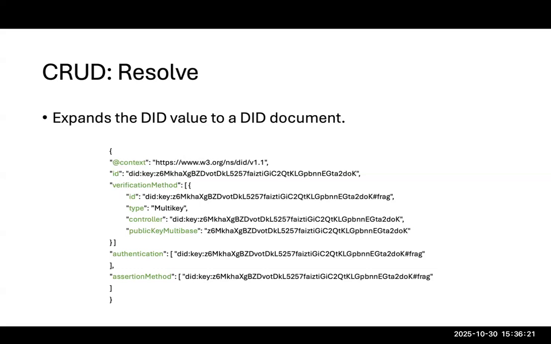This is, of course, a multikey type. The controller: I know that when someone else decides to use the did:key, the subject and the controller in this specific case coincide. So I generate by myself this document, putting the same DID as a value of the property controller. The public key is publicKeyMultibase, and that's the key.